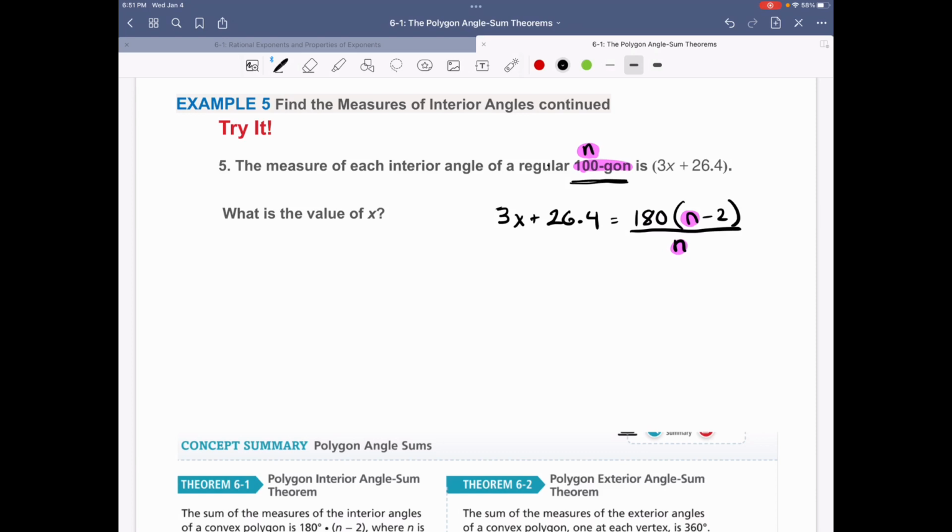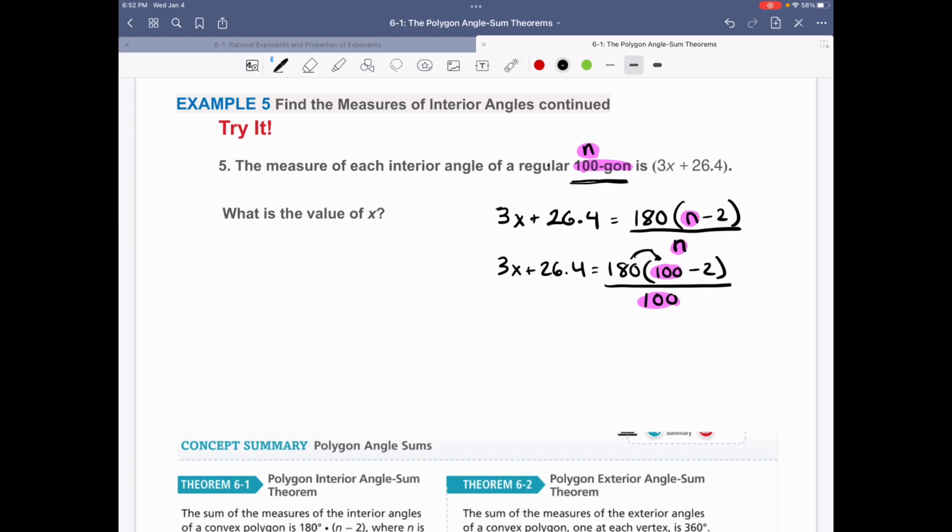Okay, so I'm going to rewrite this as 3x plus 26.4 equals 180 times 100 minus 2 over 100, because we plugged in n twice. And now we just need to simplify. So when I have parentheses, I want to distribute.